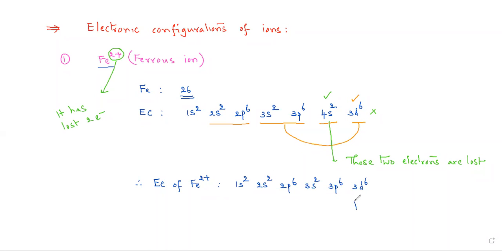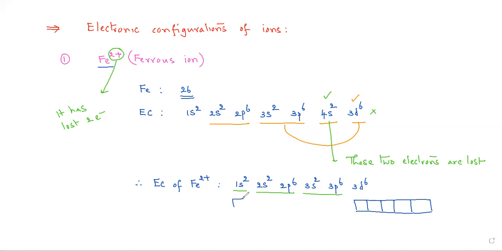Now if you consider the remaining all, the 1s2, the 2s2, 2p6, and the 3s2, 3p6, all these are completely filled. You don't have any unpaired electron. You all know that.